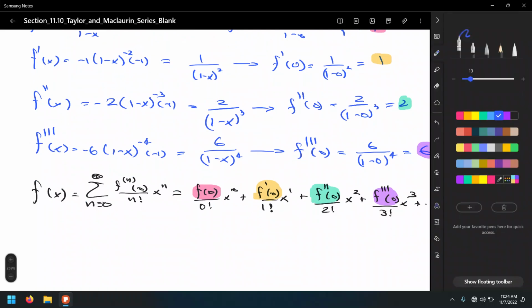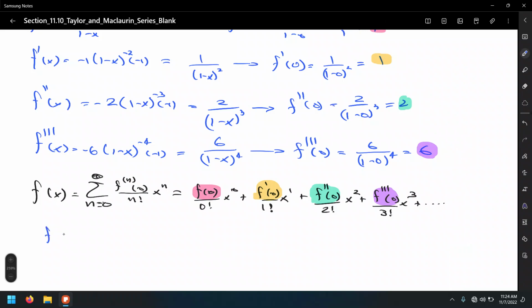So f of x is going to be 1 over 0 factorial, which is 1, x to the 0, plus 1 over 1 factorial, which is 1, x to the first, plus f double prime, which is 2, over 2 factorial, which is 2, x squared, plus 6 over 3 factorial, which is also 6, x cubed, plus dot dot dot, that just goes on forever.